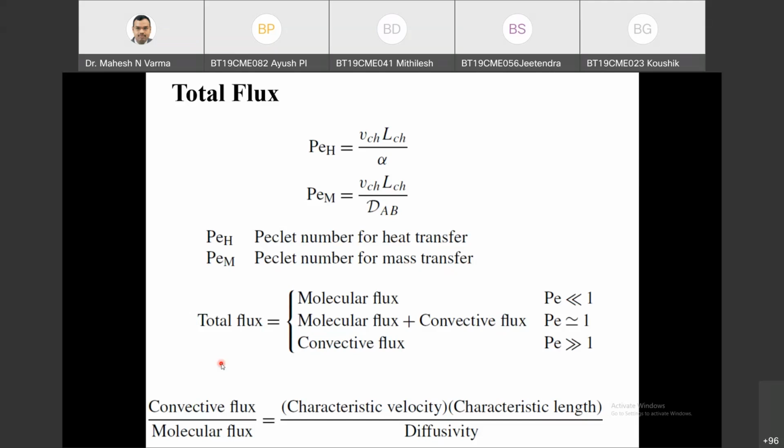A small Peclet number indicates a low convective flux relative to molecular flux, and a very high Peclet number indicates a very high convective flux. If it equals 1, then both are equal. Does anybody have any difficulty with this convective flux?